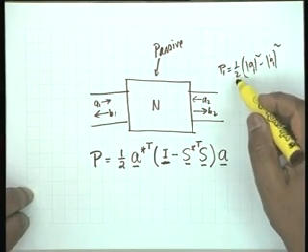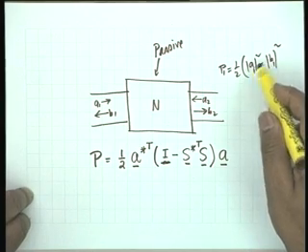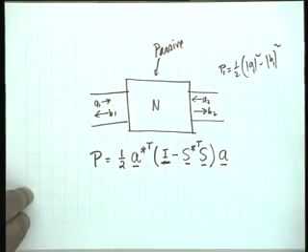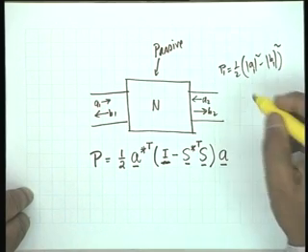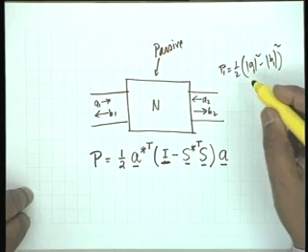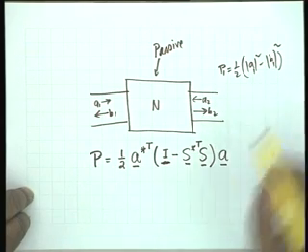The factor half comes because A is considered as a peak vector, and magnitude A1 squared is A1 star A1.